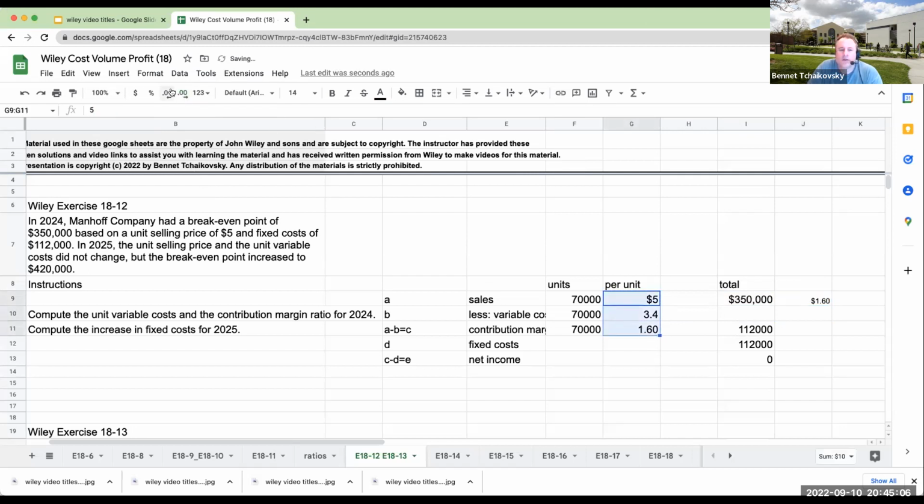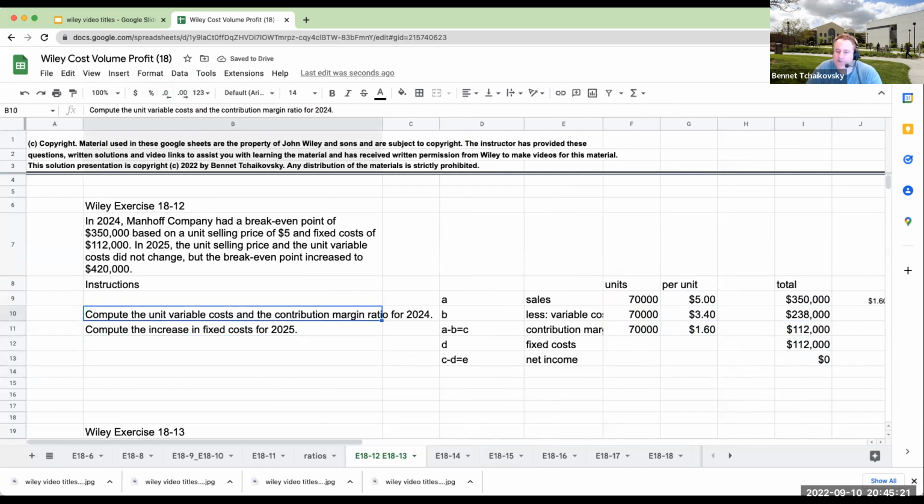Coming back over here, this is going to be 238,000 for the variable costs. So compute the unit variable costs and the contribution margin ratio for 2024. The variable costs are going to be 238.